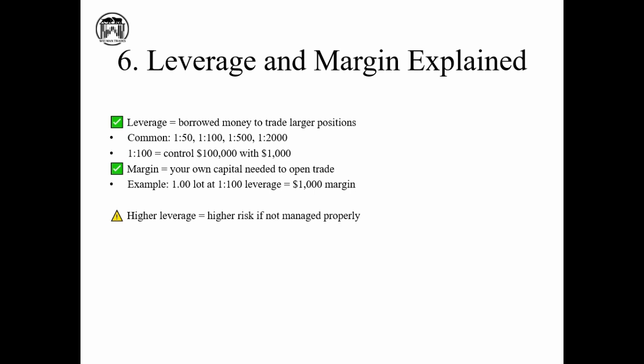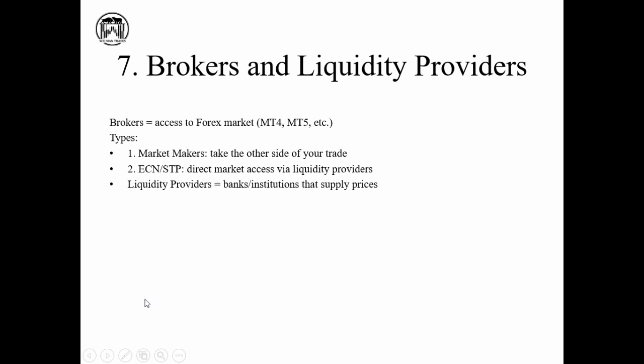For leverage, the common ones are 1 to 50, 1 to 100. Some brokers like Exness give you options of 1 to unlimited. Though the bigger the leverage, the more the risk. These things help you when you're in a winning trade, but when you're losing, they come after you.